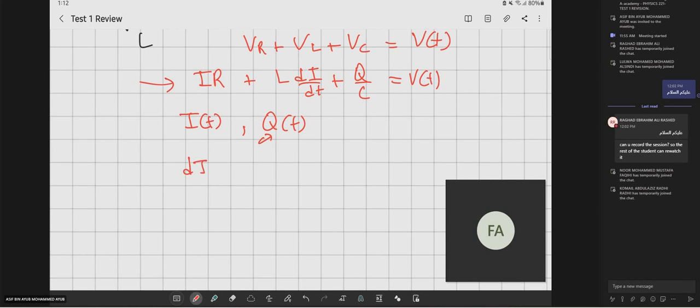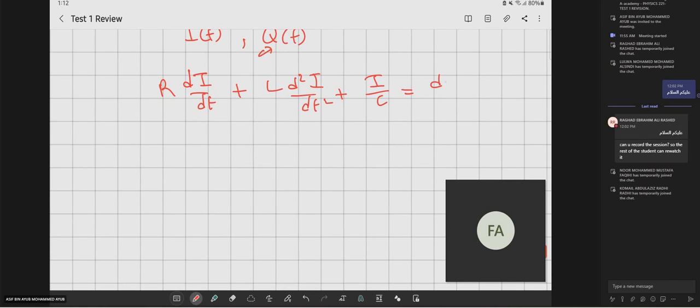I'll have R di/dt plus L d squared I/dt squared plus dQ/dt, which if you remember is I. So I can write I over C equals dV/dt, which is usually not going to be difficult to do.